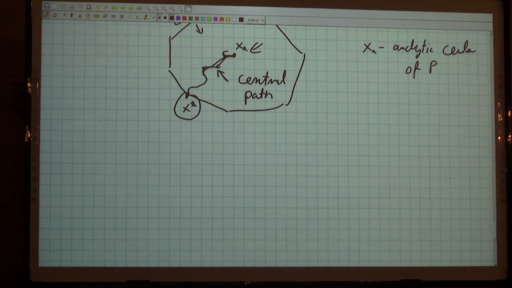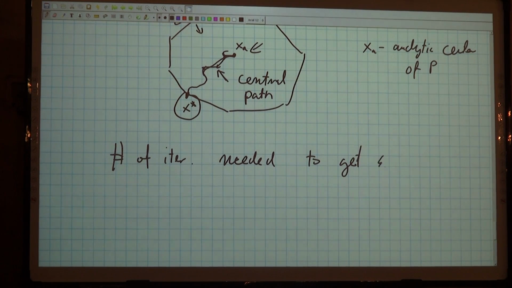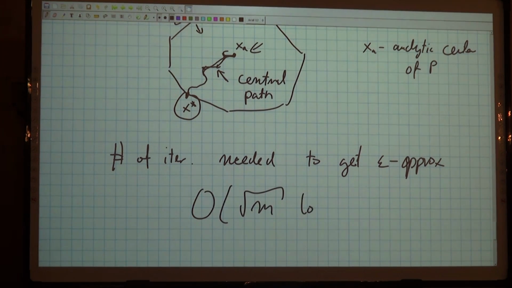In particular, what is the number of iterations needed to get an epsilon-approximate solution? The answer is essentially square root of m times log 1 over epsilon. The log 1 over epsilon is great.